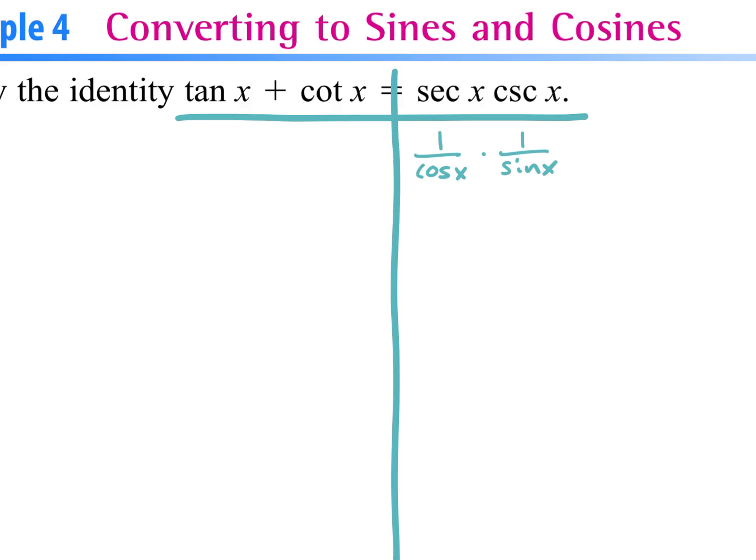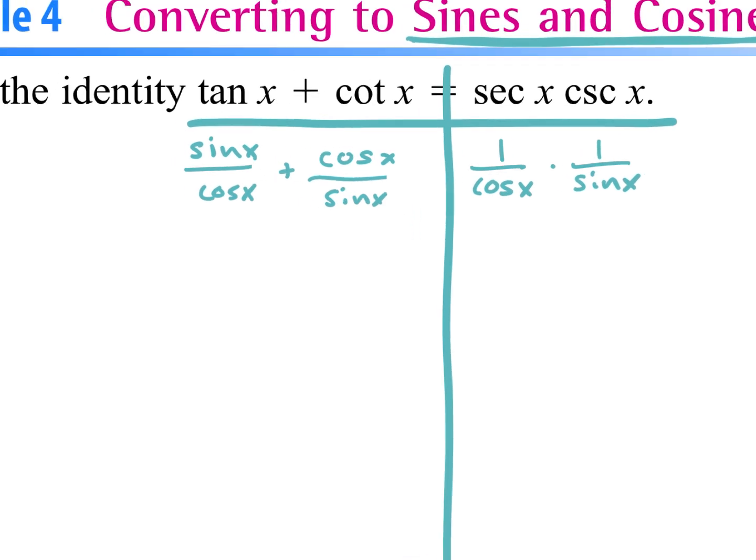What can we do with the left side? We can make it sine over cosine plus cosine over sine. So the directions kind of gave it away, but you can convert everything to sine and cosine, so that's what we did. Now with the left side, we want to add them together. So what do we need when we're adding with fractions? A common denominator.